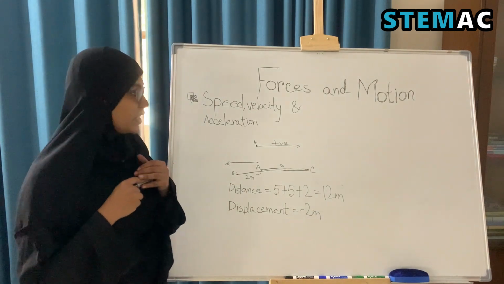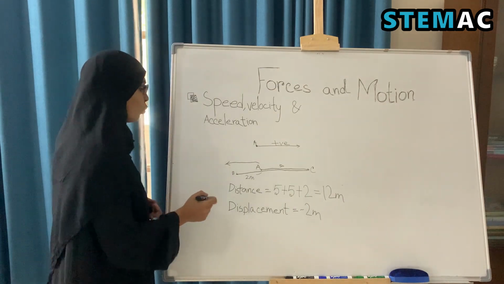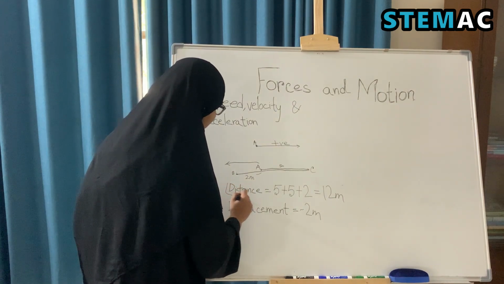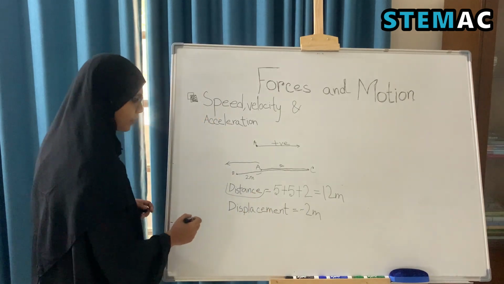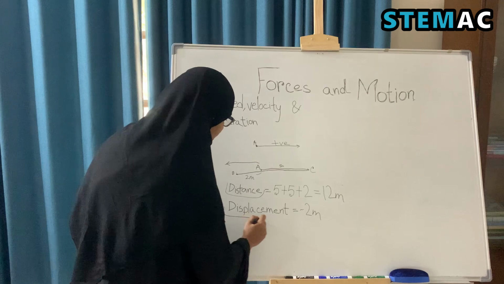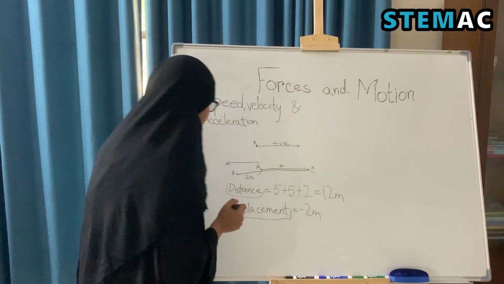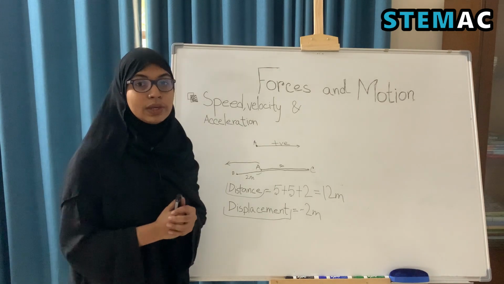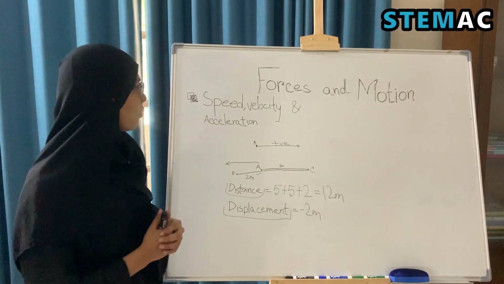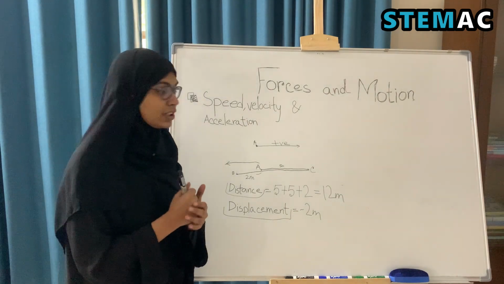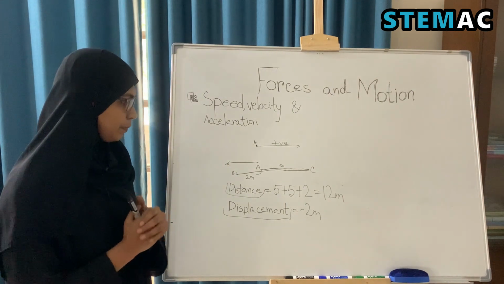So when we measure speed, we consider distance, and when we measure velocity, we take into account displacement. The formula for calculating speed is total distance traveled divided by total time taken.